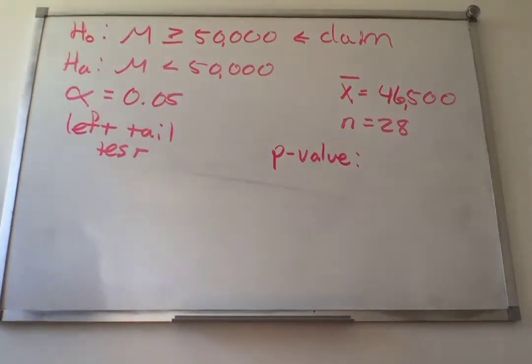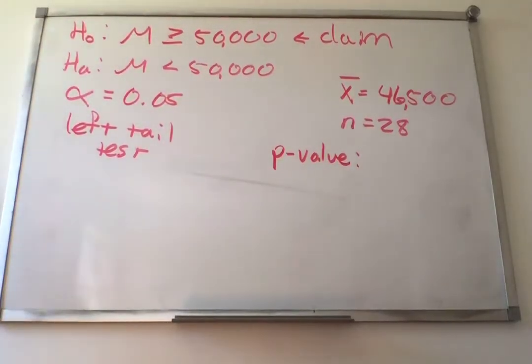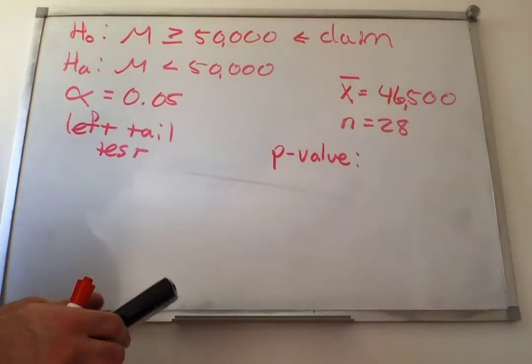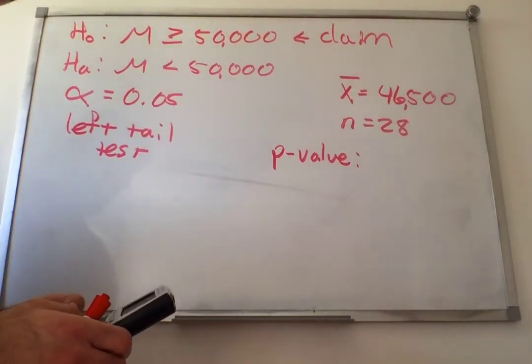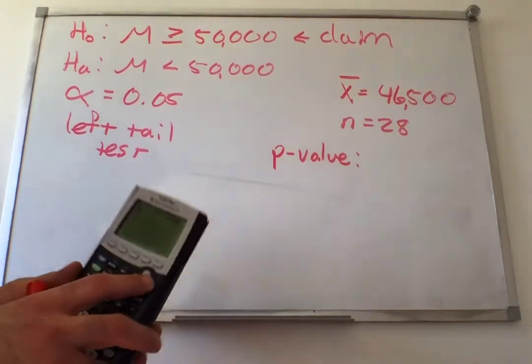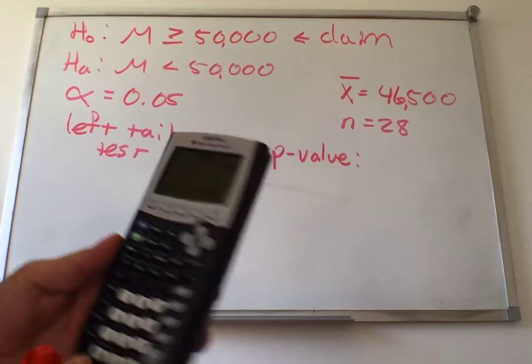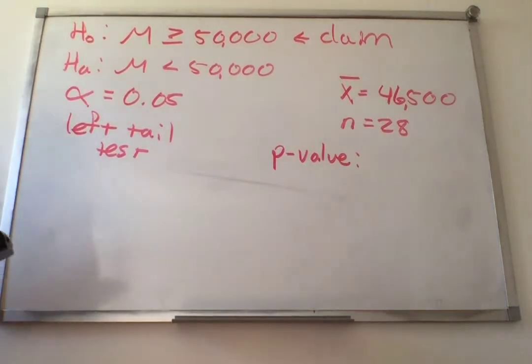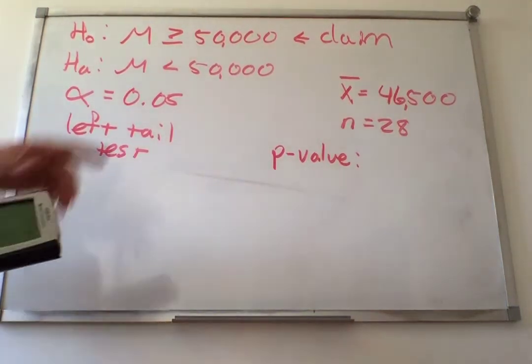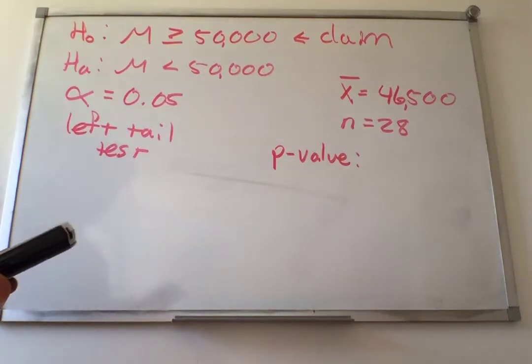To get your p-value, we're going to input this in on the calculator. So, let's see. We go to stat. We scroll over to the right to tests, and it's the very first option, z-test. Since we know the population standard deviation, for mu naught, I'm going to put 50,000.